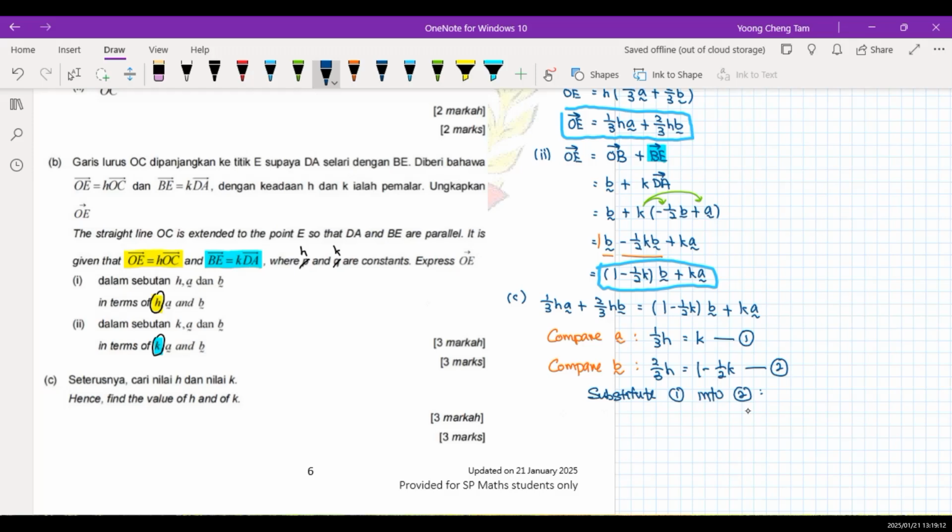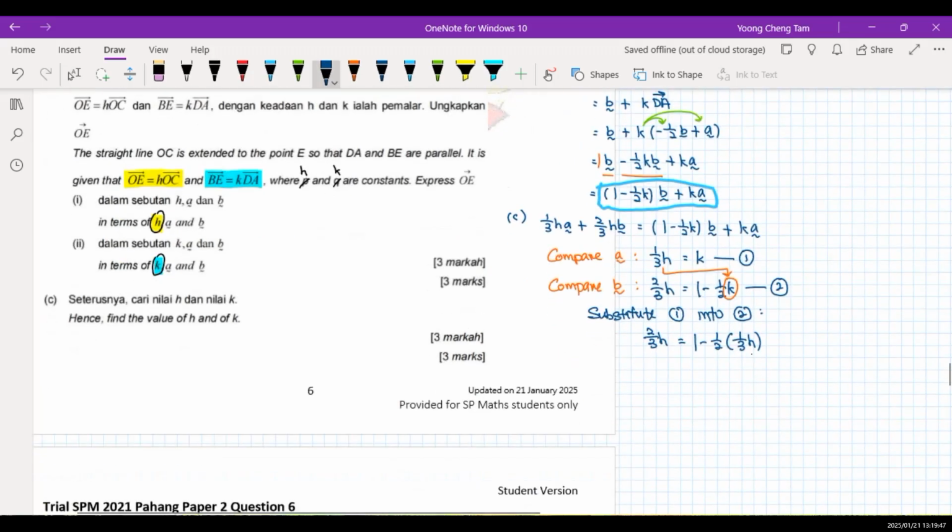Looking at the first equation, 1 over 3h equals k. So k is 1 over 3h, right? Now in your second equation, you have the k here, so you replace it with 1 over 3h. The other terms you just copy. So we get 2 over 3h equal to 1 minus 1 over 2, then 1 over 3.